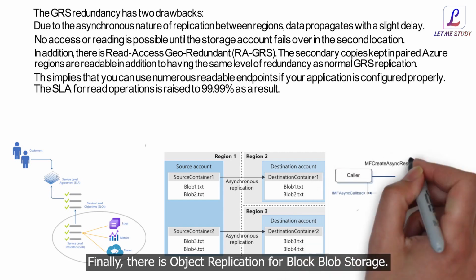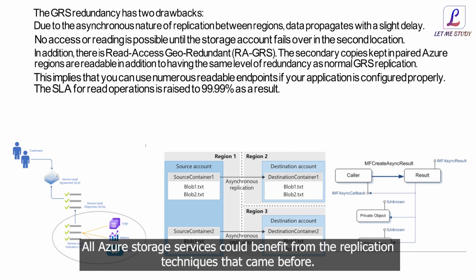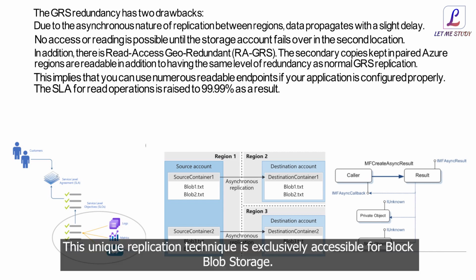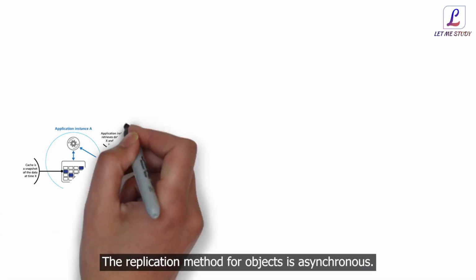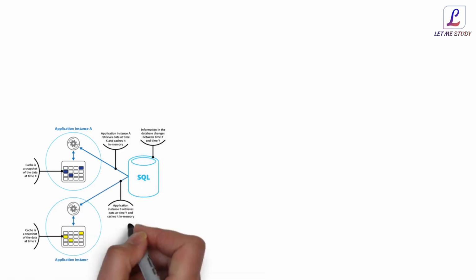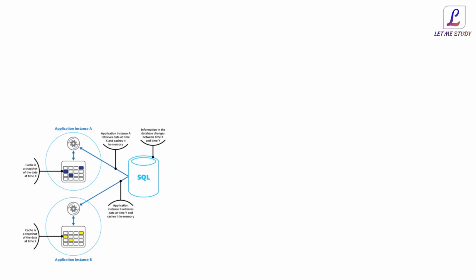Finally, there is object replication for blob storage. All Azure storage services could benefit from the replication techniques that came before. This unique replication technique is exclusively accessible for blob storage. The replication method for objects is asynchronous. To improve data distribution and cut expenses, you can utilize it to automatically shift data to an archive layer.